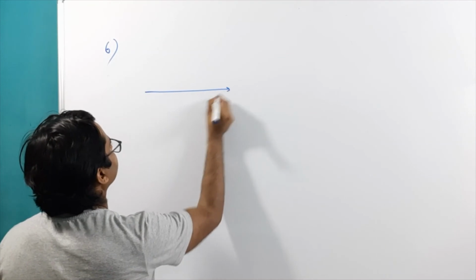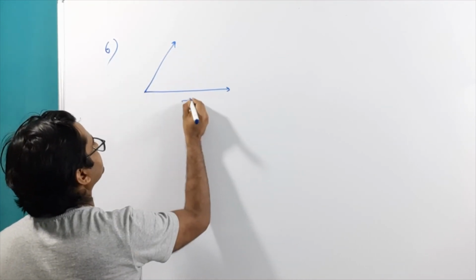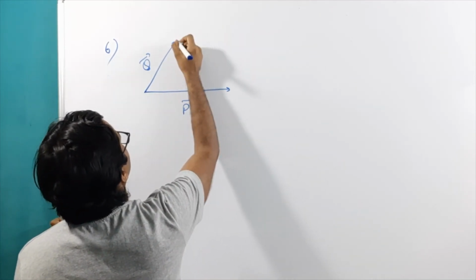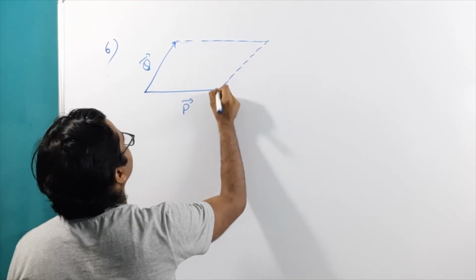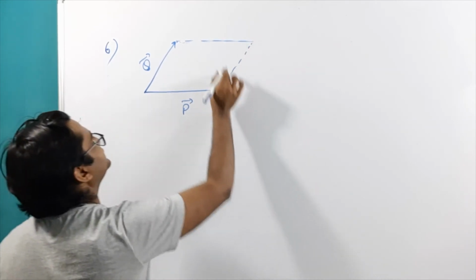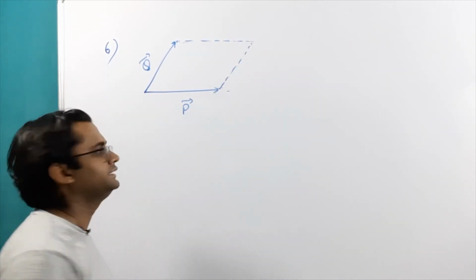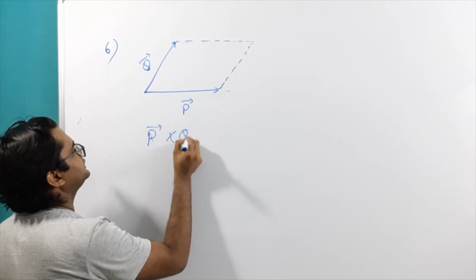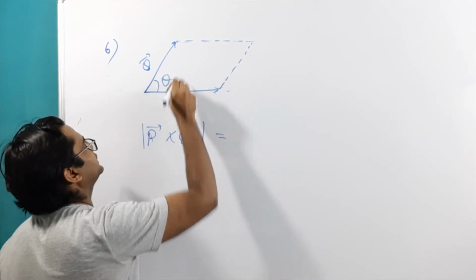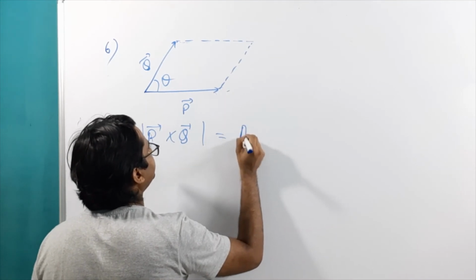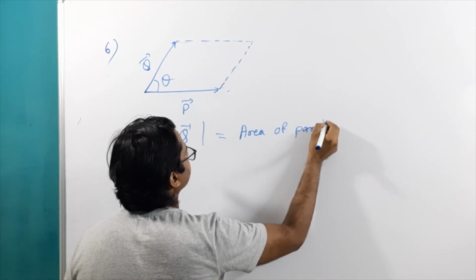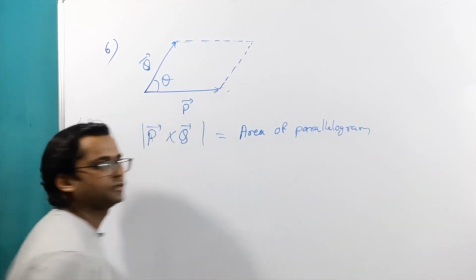The property states that if my vectors p bar and q bar are adjacent sides of a parallelogram, okay, imagine that my first vector and the second vector are two adjacent sides of a parallelogram, then the magnitude of the cross product p bar cross q bar, with angle theta between them, is the area of this parallelogram. So this is our property number 6.